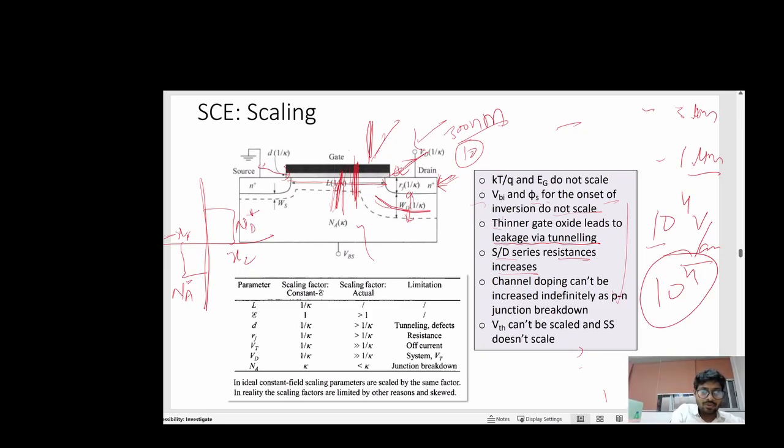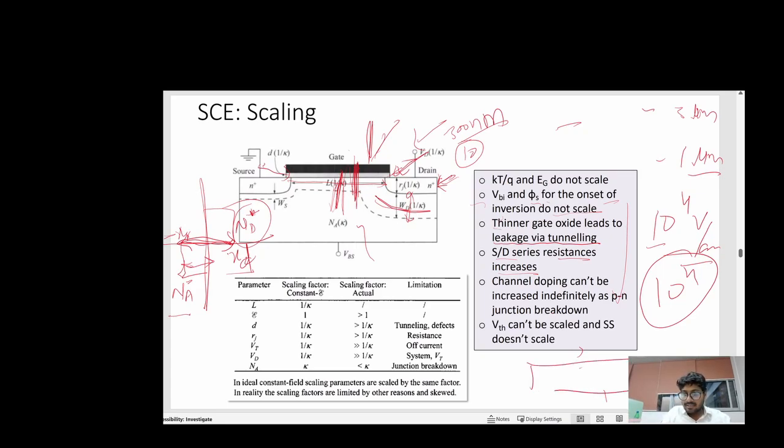So x1 into Na minus is equal to x2 into Nd plus. This is the depletion region, the depletion width x1 plus x2, or you can say minus xa or plus xd, whatever you want to say, Wd or anything. But what I want to tell you is that this width depends on the doping on the other side.